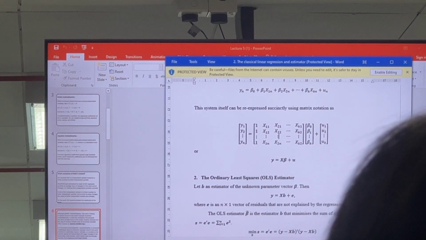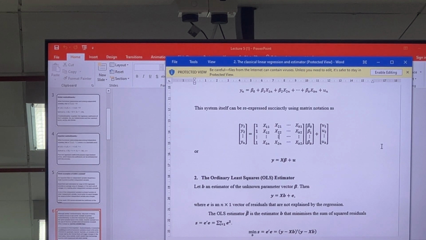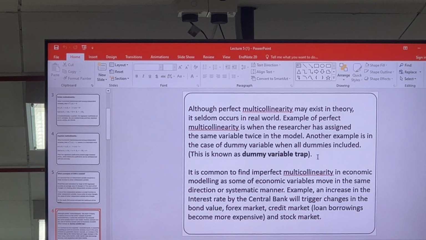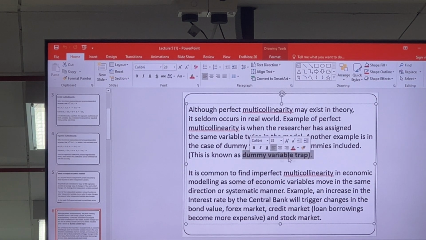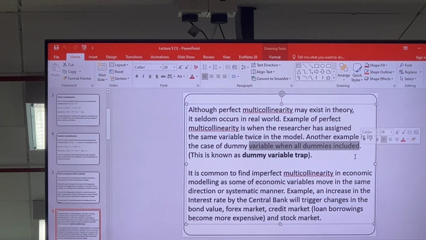So that's what we call the dummy variable trap. It happens when all dummies are included, I mean all categories. So if you have two categories, you include dummy variables for both categories.